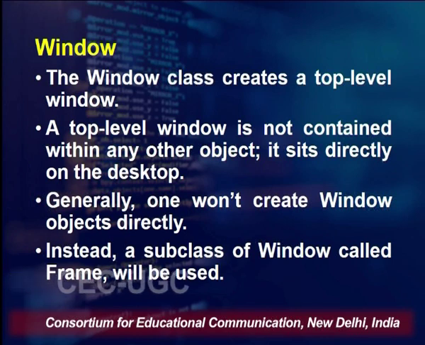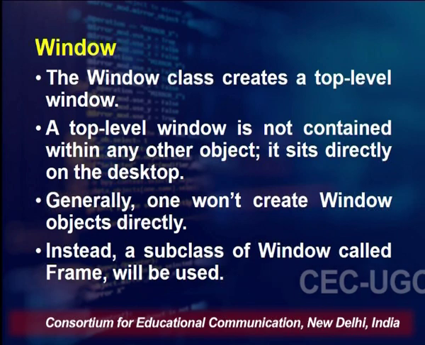Instead, we are going to use a subclass of window called frame. There is no point in drawing a window on the desktop itself, because it sits directly on the desktop and is a top level window not contained within any other object. So it makes more sense to work with a subclass of window which is called frame. Now, what is this frame?